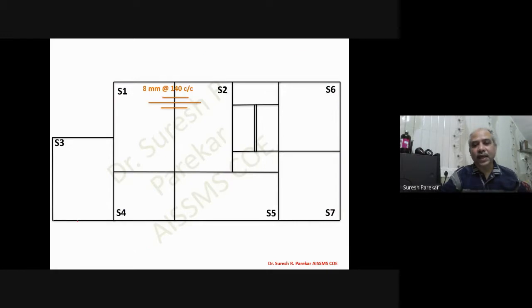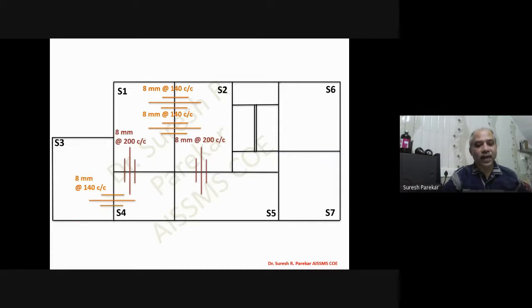And then here you can have, for S1, along short span support reinforcement, along long span support reinforcement. For S2, along short span support reinforcement, and for S2 along long span support reinforcement. Similarly for S3 we have along short span support reinforcement.